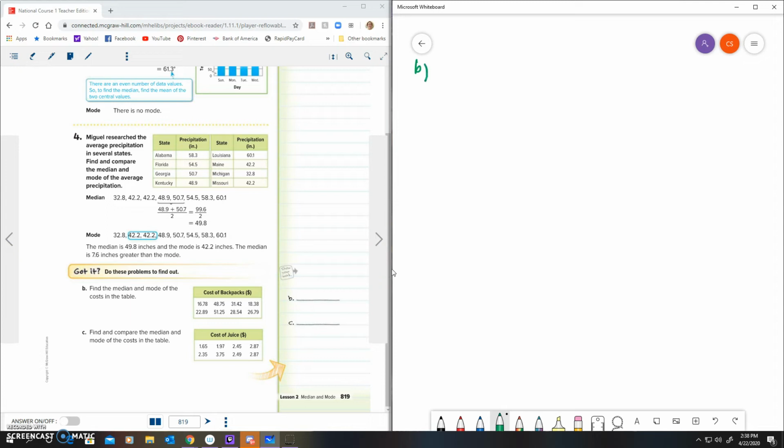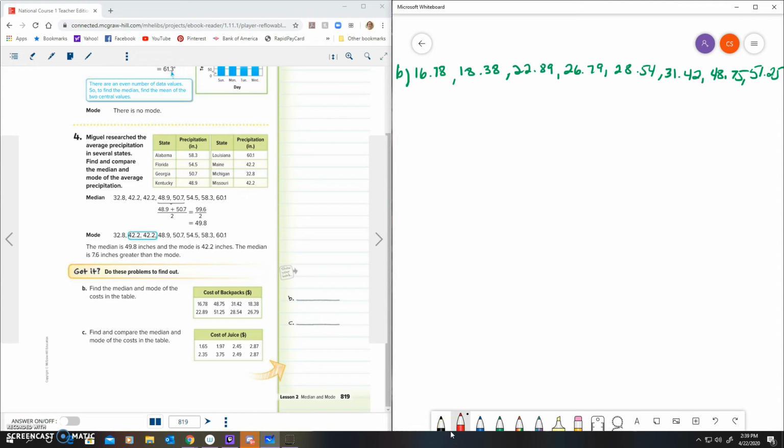So for B, when you put them in order, you have 16.78, 18.38, 22.89, 26.79, 28.54, 31.42, 48.75, and I'm just going to slide this just a teeny bit so I can get this last one in, 51.25. So there's 8 data pieces here.